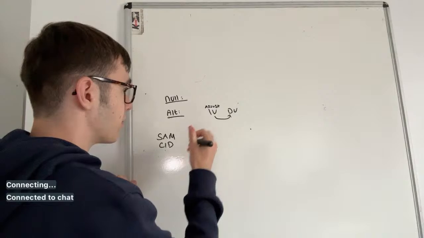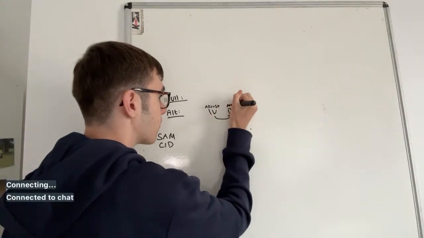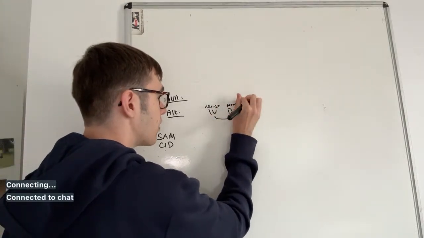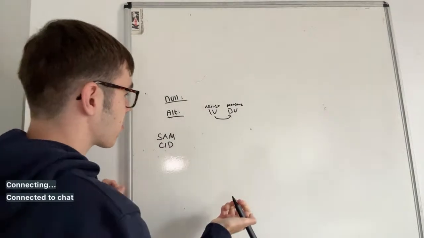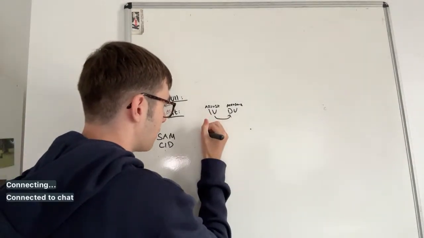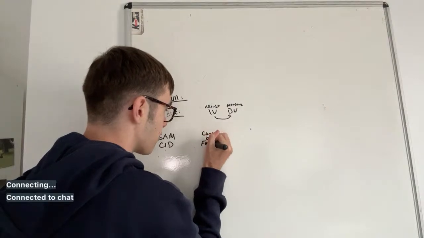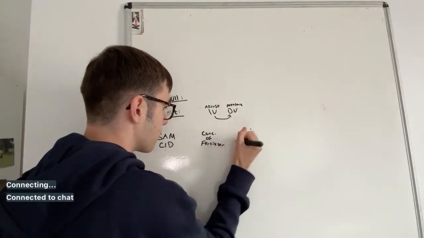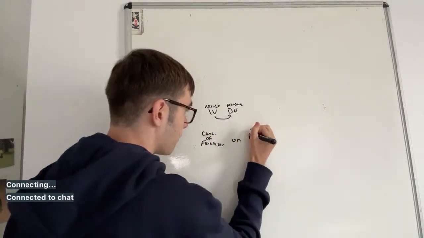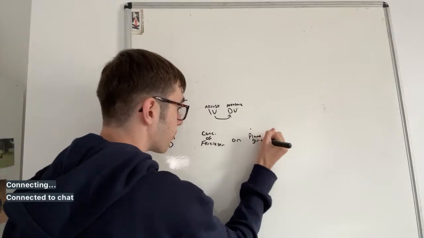Meanwhile, the dependent variable is the thing we measure. So for example, if we're testing, I don't know, concentration of fertilizer on plants' growth rate.